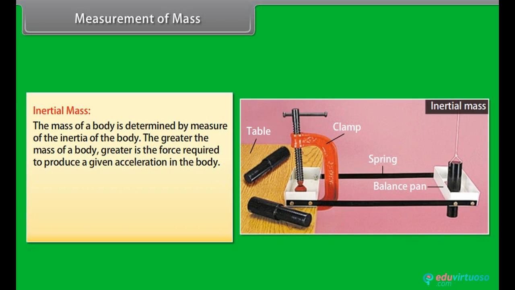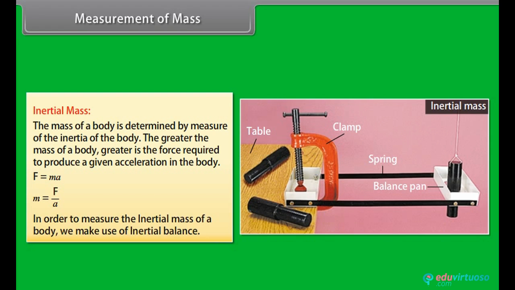The mass of the body is determined by measure of the inertia of the body. The greater the mass of a body, the greater is the force required to produce a given acceleration in the body. F equals ma, or m equals F upon a. Thus, a very heavy body has a larger inertial mass than a light body.